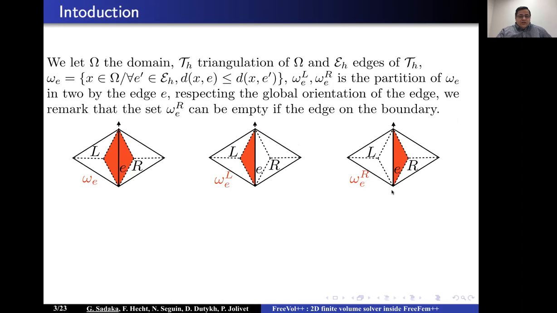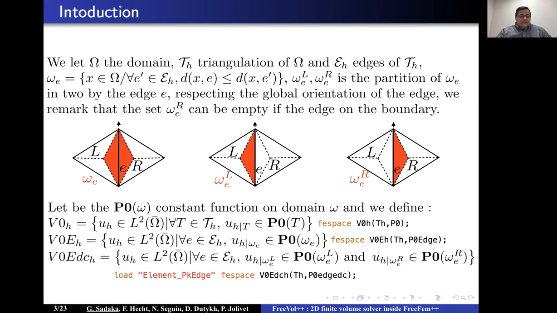right triangle. And now we have finite elements: P0 for the triangle, which is a constant on the triangle. P0edge Omega_E is a constant on the left and the right of the edge.